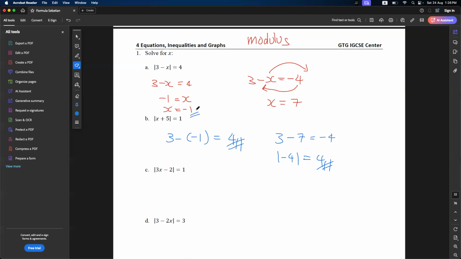X can be both answers. Either I use x equals negative 1, I get positive 4, or I use x equals 7, I end up with negative 4 inside the modulus, which is still equal to 4. So that's why you have two answers. This is the basic concept, right? So I'm going to go through the others together as well.